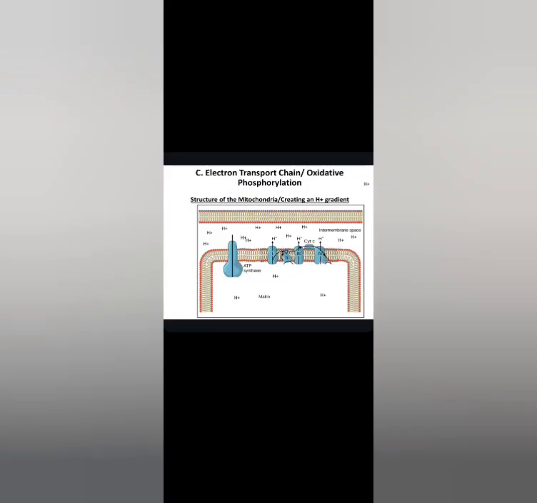This is what you see here. And so oxygen is considered the ultimate electron acceptor because it receives those useless, energyless electrons, taking them away so the process can continue. What does this process look like?